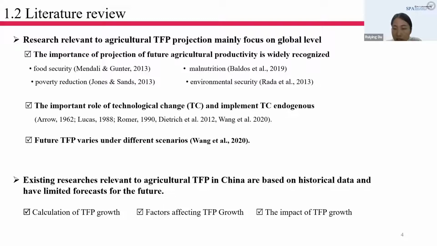Existing research on China's agricultural TFP mainly focuses on the calculation of TFP growth, factors affecting TFP growth, and the impact of TFP growth. These studies are based on historical data and have limited forecasts for the future. We need analysis of China's TFP under different scenarios in the future to inform us more.